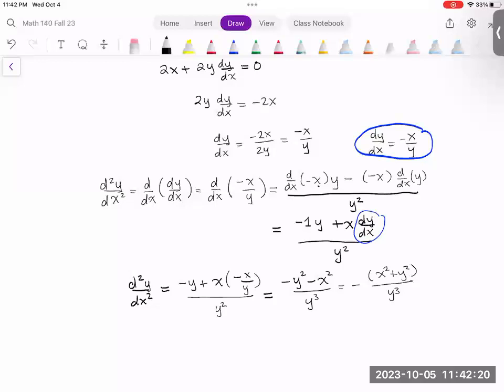Okay, so we only have to do this implicit differentiation on the first level of derivatives. Once we have that, we can use something like product rule or quotient rule, as well as the derivative formula that we found, to find our higher order derivatives. Okay, great.